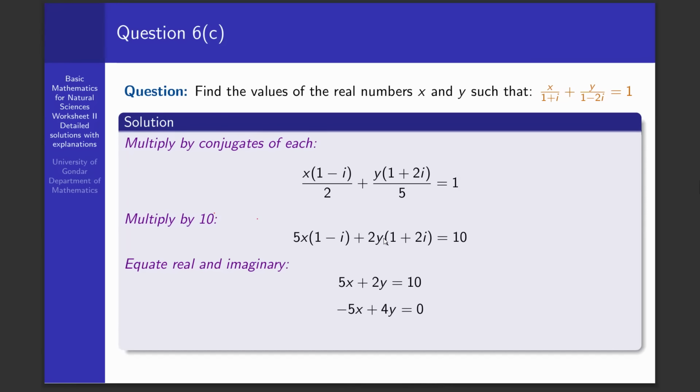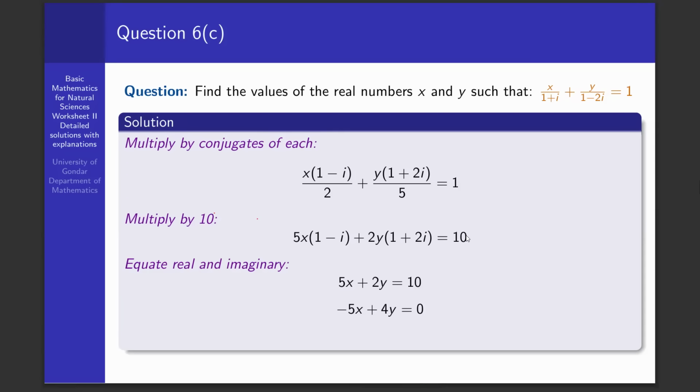So we have this equation that simplifies. The real part from the first one is 5x times 1, plus 2y times 1, is equal to the real part on the right, that's simply 10. And the next one, the imaginary part, will be minus 5x plus 2y times 2, that's simply 4y.